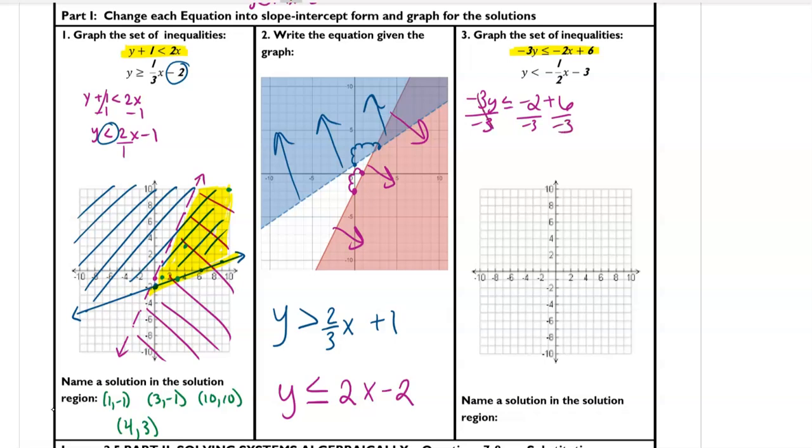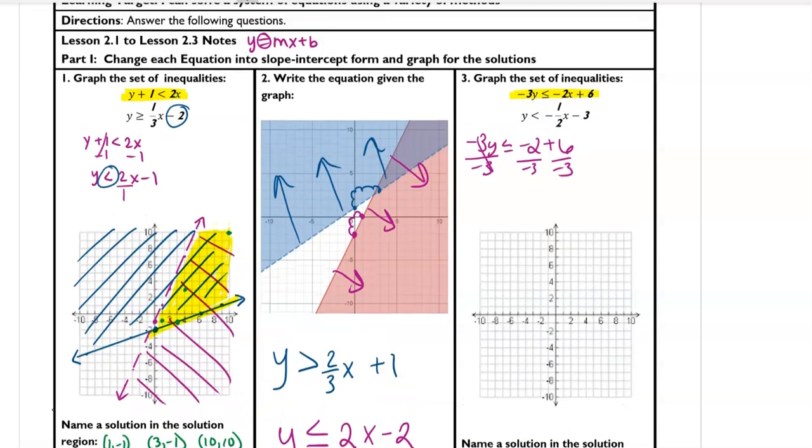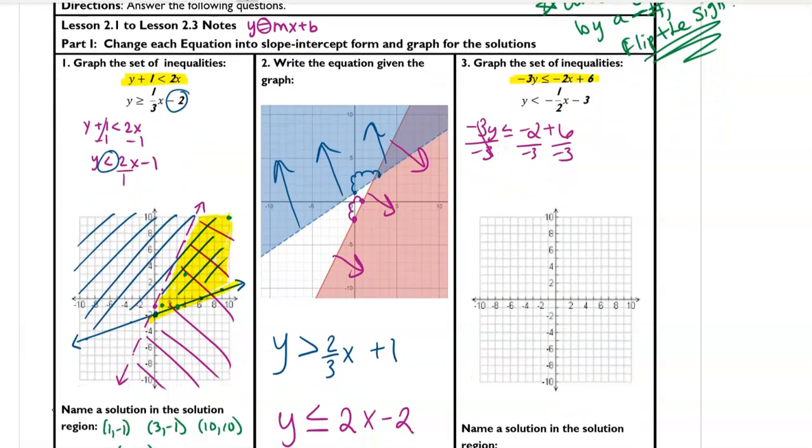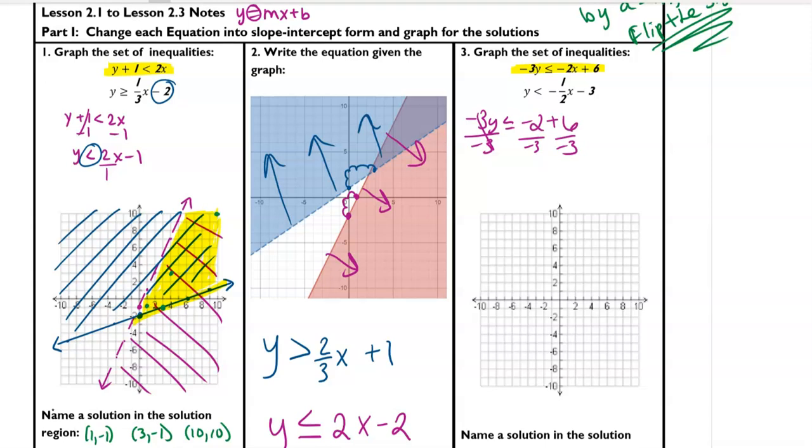And when we divide by a negative number, which is very important to remember as well, flip the sign. When you divide by a negative number, you need to flip the sign. Really, that happens when you divide or multiply by a negative number, but for what we're doing here, we're not multiplying by any negative numbers, so it's all right.